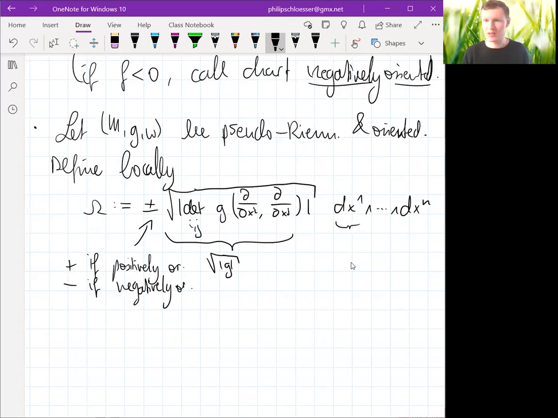The matrix whose determinant we're taking transforms like the transpose, conjugated by the Jacobian. So the determinant inside transforms with a factor of the negative second power of the determinant of the Jacobian.